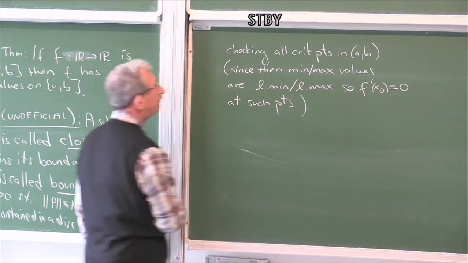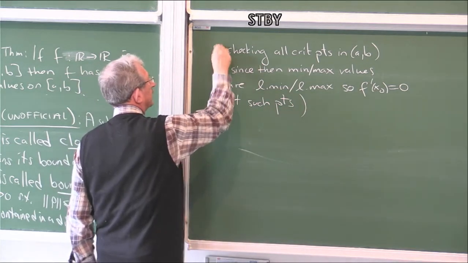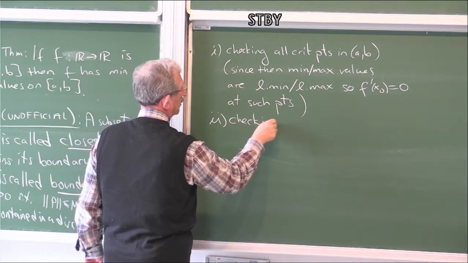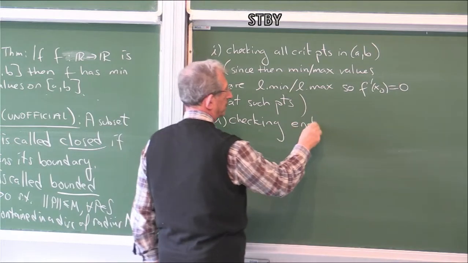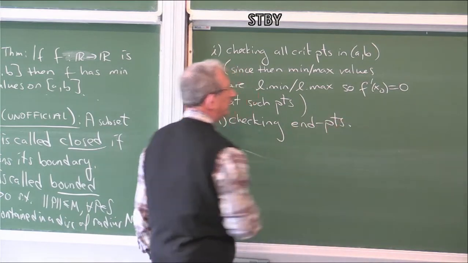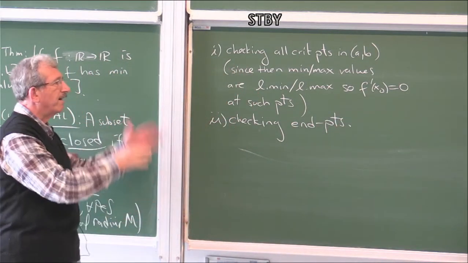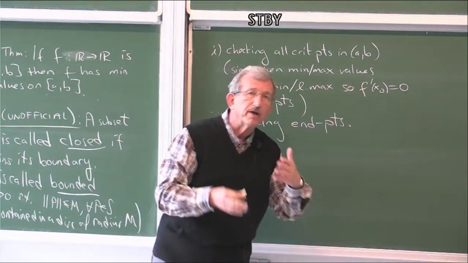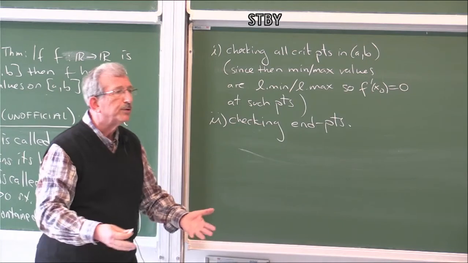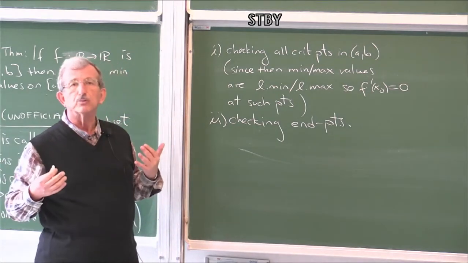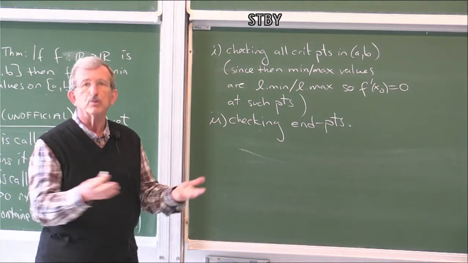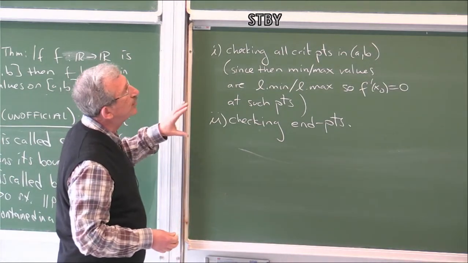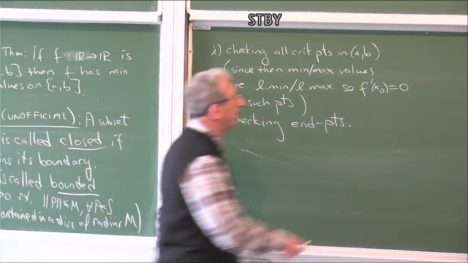And we also checked endpoints. Namely, we looked at f of a, f of b, and f of x0, if x0 is a critical point. We took the biggest one, it was the absolute maximum, and the smallest, the absolute minimum. Okay, so this was the situation for a function of one variable.